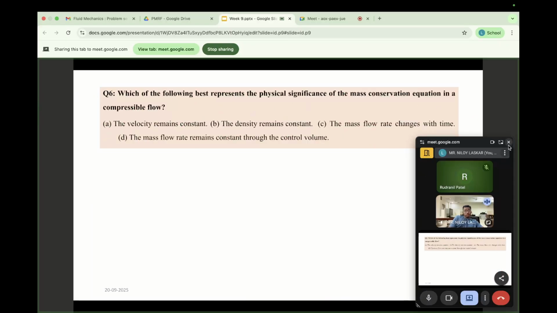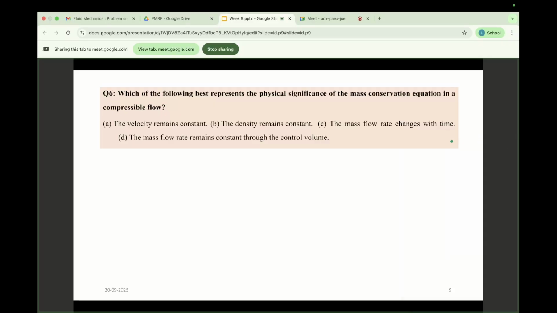So this is another theoretical question. Here, what is the physical significance of the mass conservation equation in a compressible flow? What does it basically represent? These are the four options.